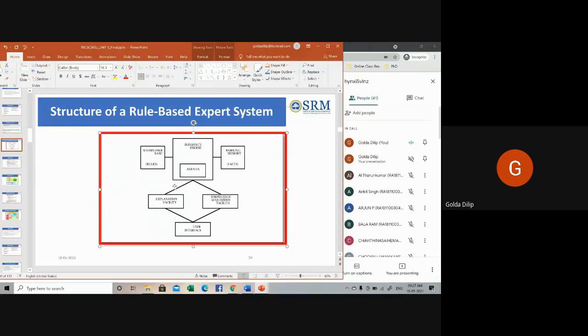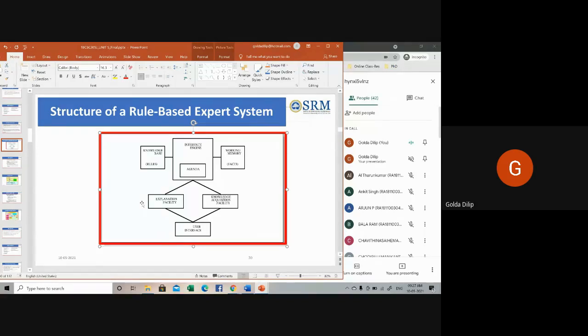Then we have what is called the explanation facility. The explanation facility enables the user to ask the expert system how a particular conclusion is reached, and why a specific fact is required at that point of time.